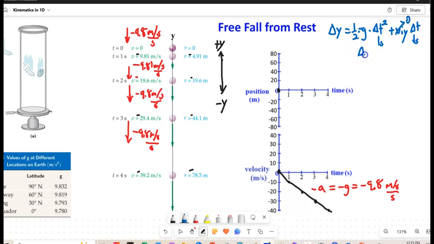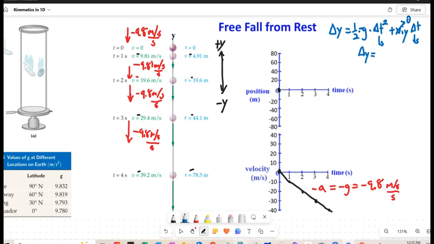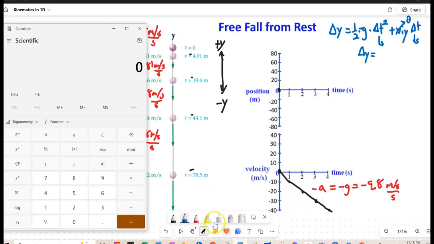So if we calculate what your position is after the first second, after you've dropped it, okay, pull up our calculator. We're going to have 1/2 times negative 9.8, times 1, negative 4.9.